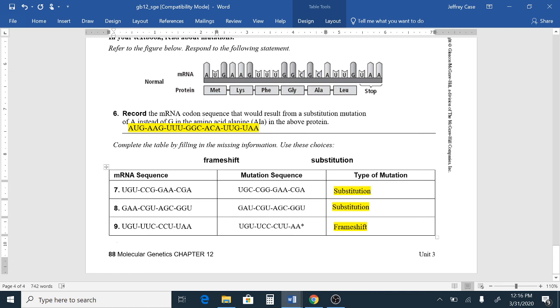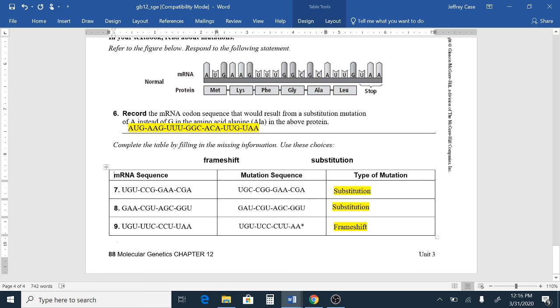Frame shift, here we have the strand. However, if you look, there is something missing. It should say UUC for the second codon. Here it's UCC because one of those U's has been deleted. So now everything shifts, hence the name frame shift.